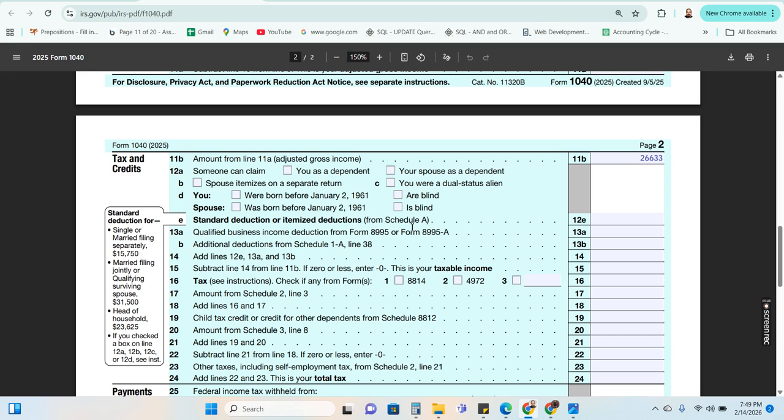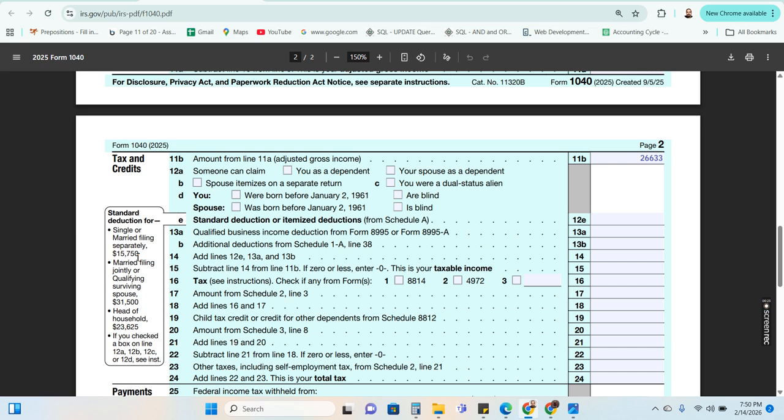In itemized deductions on Schedule A you deduct income taxes, local taxes, state taxes, and property taxes, so your total might be, for example, 5,000. The government gives you 15,750, so definitely you take this 15,750, whichever is greater.